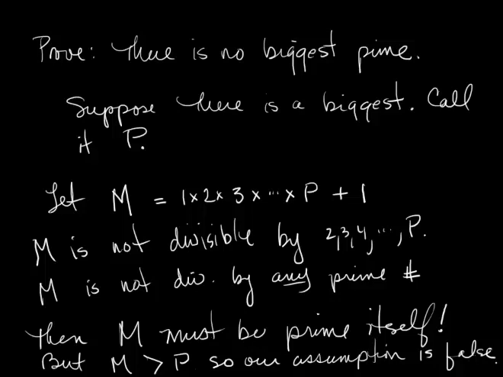Remember the structure of a proof by contradiction. Whatever you're asked to prove, just suppose it's not true and proceed in a logical fashion from that assumption until you get to something that contradicts a theorem, or you get to a fact that you know is not true.